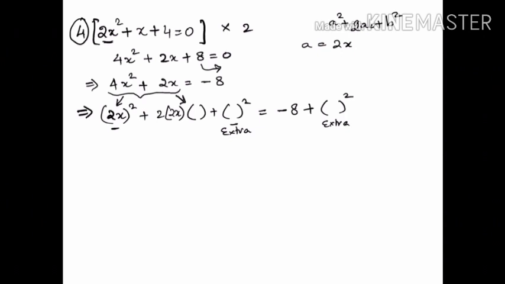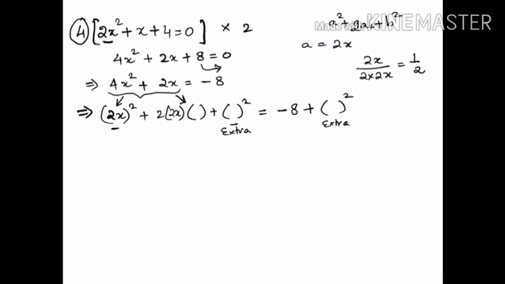Now we need to find b. So we will divide 2x by 2 into 2x, which is equal to 1 upon 2.